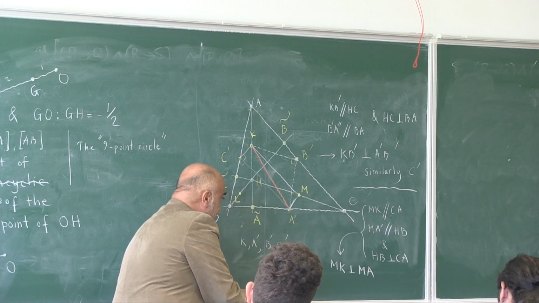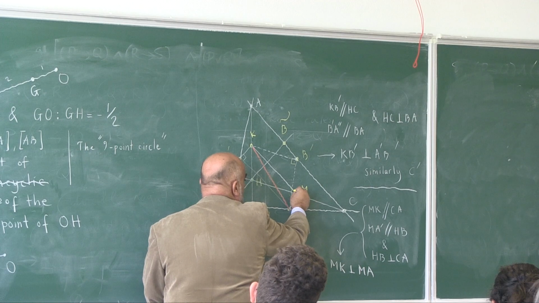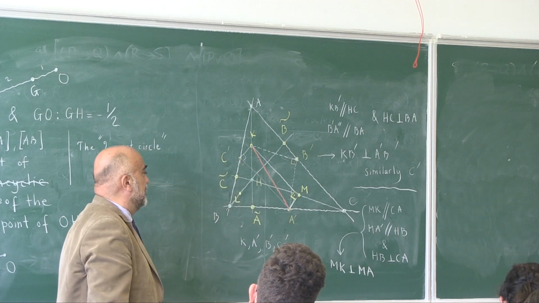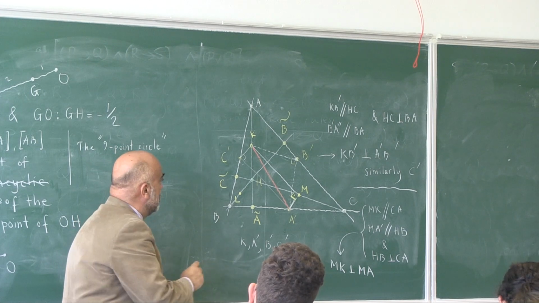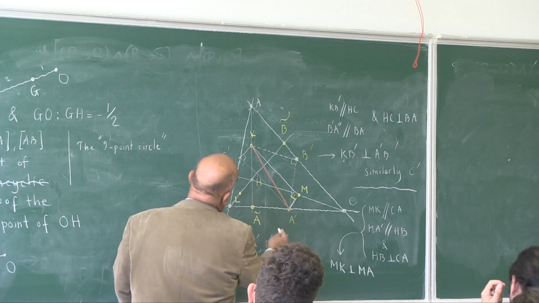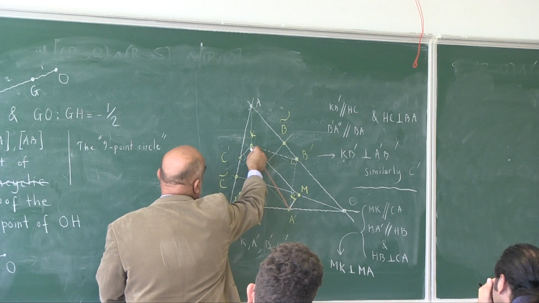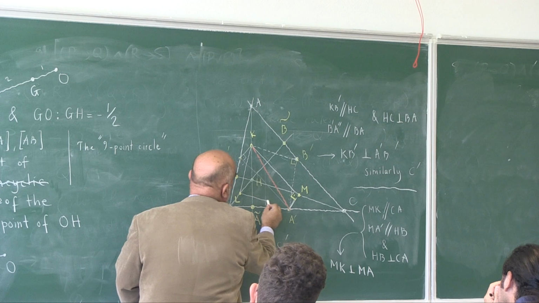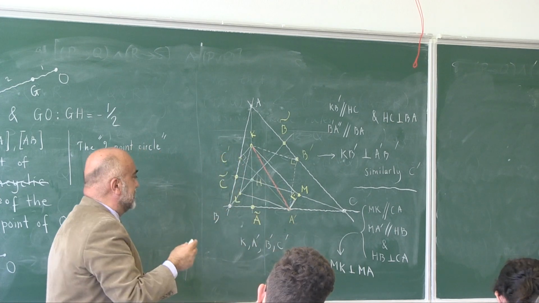You have done it again, that this angle is 90 degrees. I think it would be really insulting your intelligence if I repeat the argument for the point L, because it's exactly the same thing.